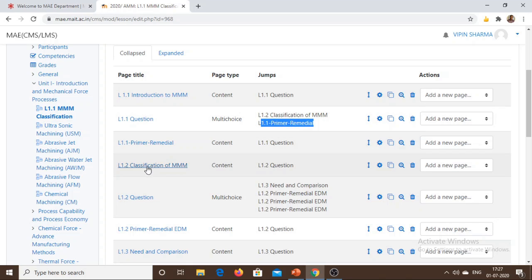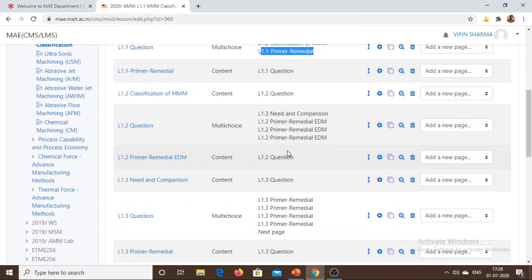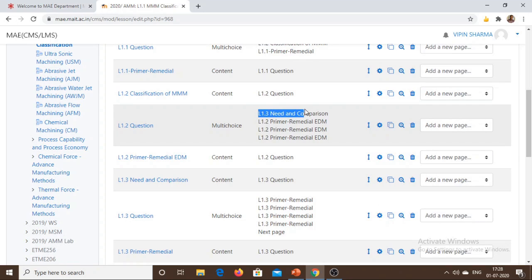This is the second lecture, classification of MMM. After finishing this content, the student will be taken to the question. This is a multiple choice question. It has four choices with one correct answer. If the student attempts it correctly, the student will be taken to lecture 1.3.